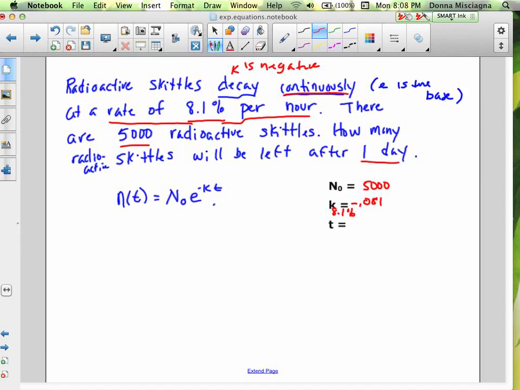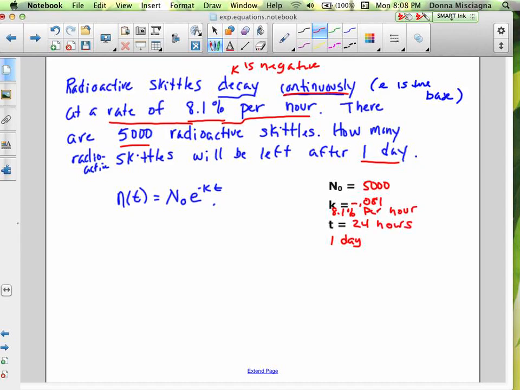All right, so t is not 1 because it's percent per hour. So we got to watch for that. It doesn't happen a lot, like I said, but just make sure those match and then change the day to hours. And how many hours in a day? There are 24 hours.